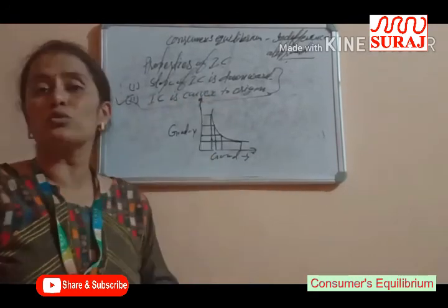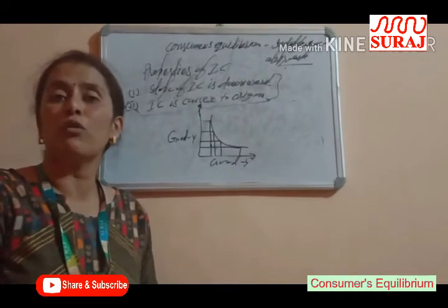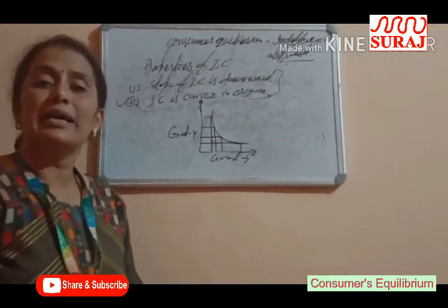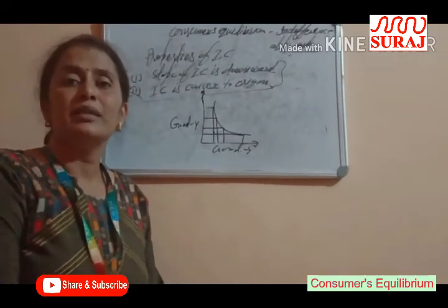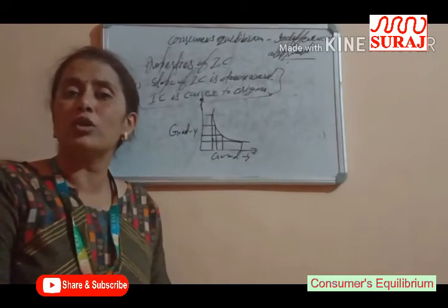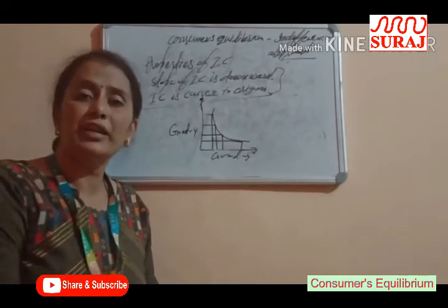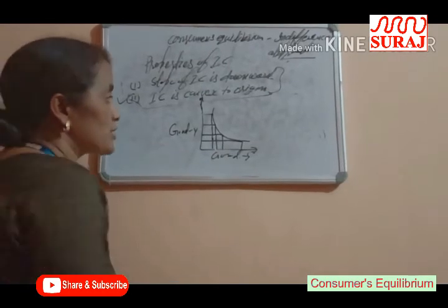IC is convex to the origin because it is based on the diminishing marginal rate of substitution. As the consumer consumes more and more units of one commodity, he sacrifices less and less units of another commodity, and for every additional unit the marginal rate of substitution continuously declines.